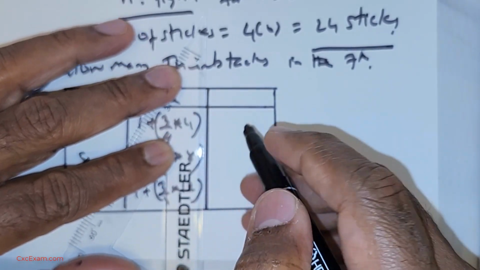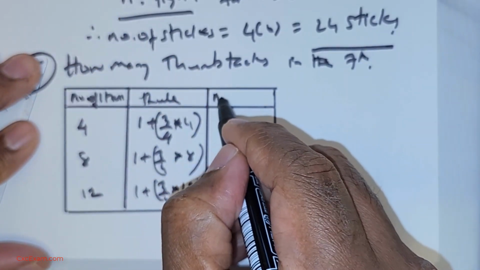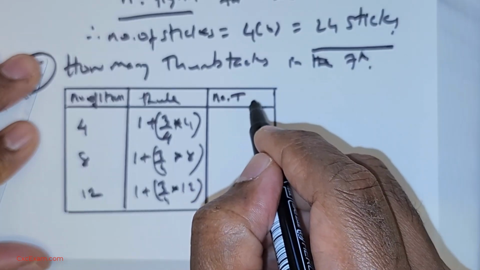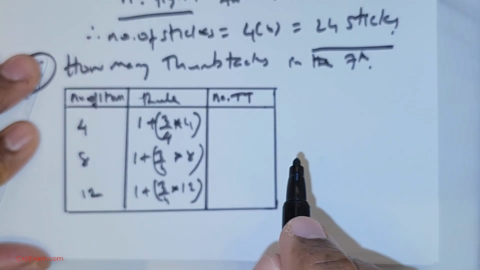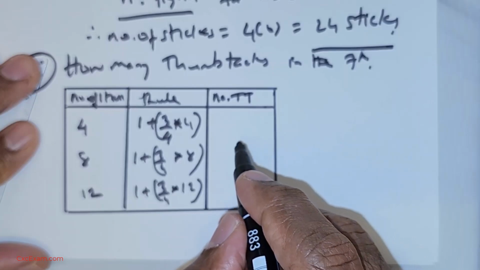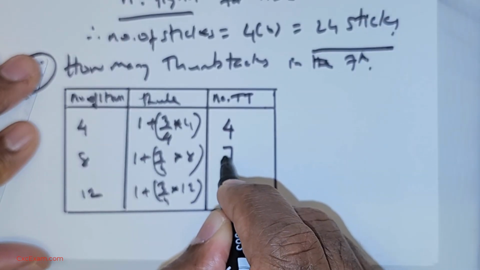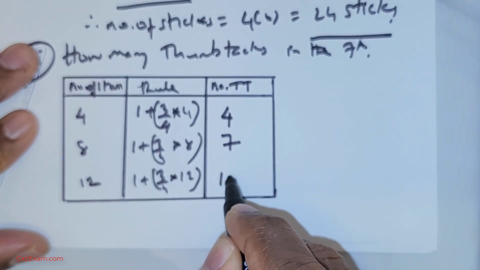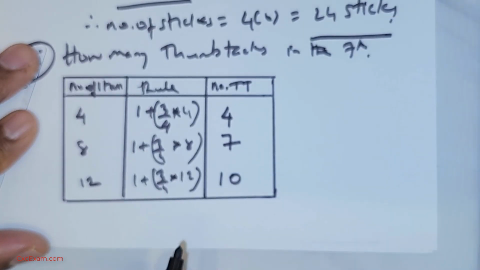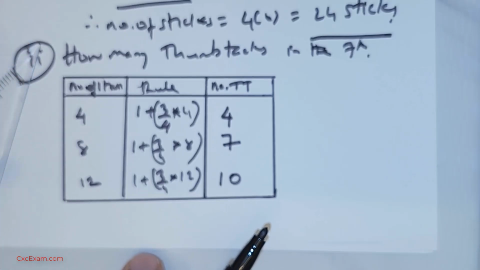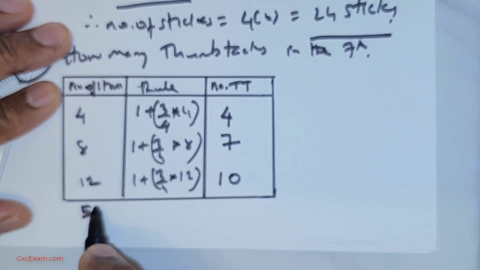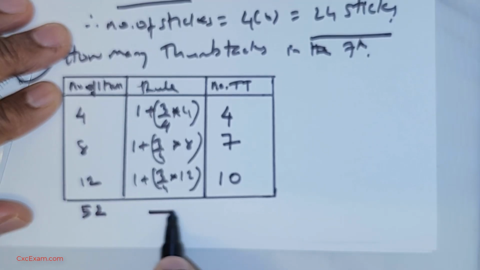And this one is the number of thumbtacks, TT. I'm going to write it as TT. So you're getting 4 here, you're getting 7 here, and you're getting 10 here. Okay. And the table, we need to complete this 52.